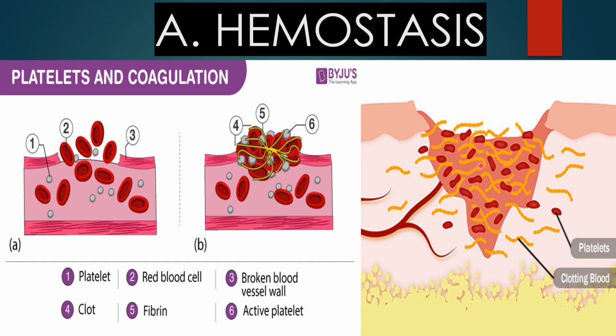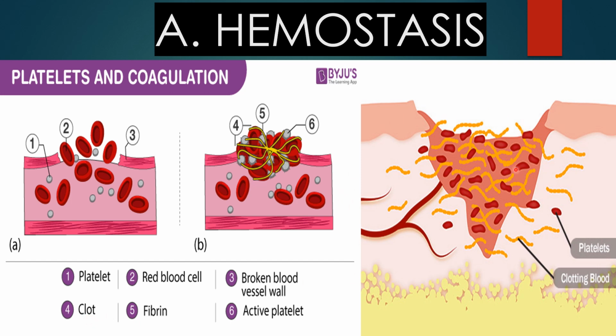This is number one. Second, the platelet plug formation. Here the platelets will come in contact with the injured site and produce the platelet plug. And then this also initiates the intrinsic and extrinsic pathways of coagulation that will produce fibrin and clot formation.